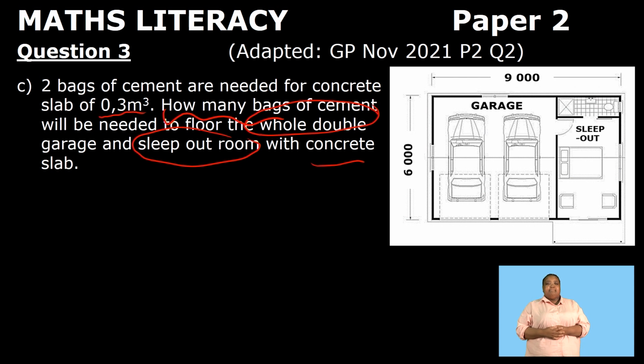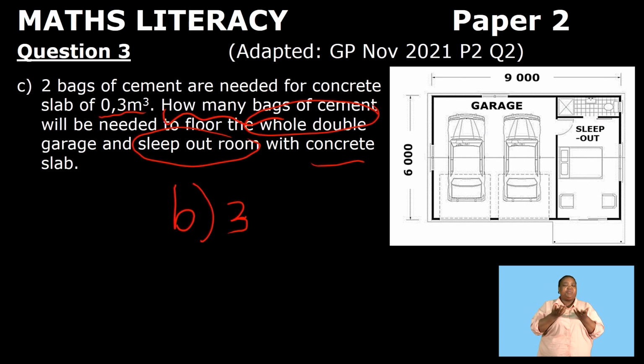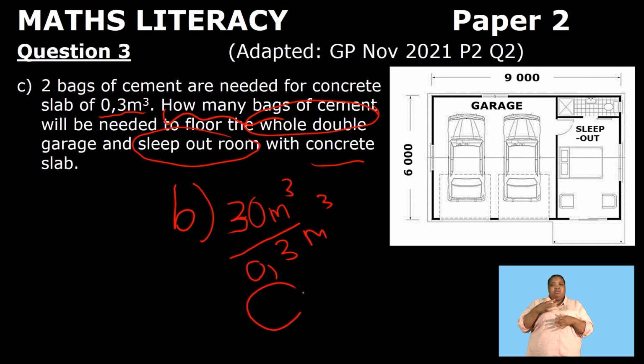What's going to happen here is you are going to take your answer from B. Say for instance, because we didn't calculate it now, say for instance it was 30. That's a lot. Cubic meters, but anyways, then we will say that divided by the 0.3 meters, and your answer you'll multiply by 2. That will be your answer. And that is how you will look at question 3.